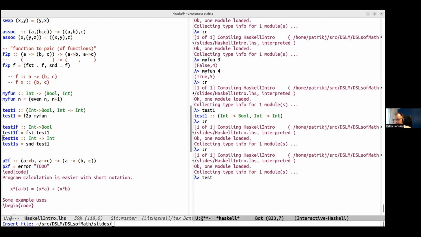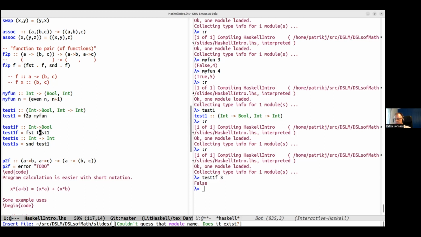So let's try test1f on 3. It says false. Well, why? Because it's really the even check. It does it in a little bit of a roundabout way. It first computes even and n plus 1, and then checks if the first component is even or odd.